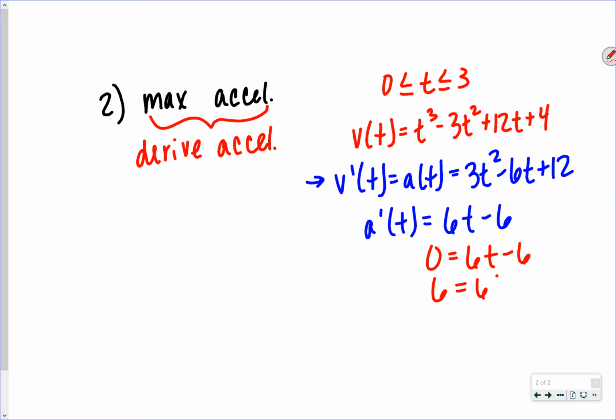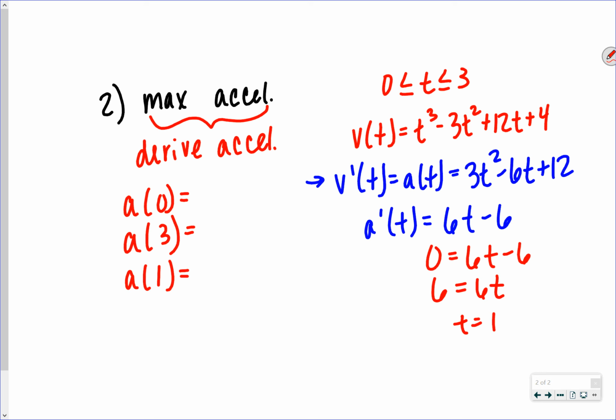Add the 6. t is 1. So this is a possibility for where the maximum acceleration could occur. If I want to know the highest acceleration this particle attains, I have to test both the start value and the end value, the outer endpoints, and I need to test the critical value I just solved for.